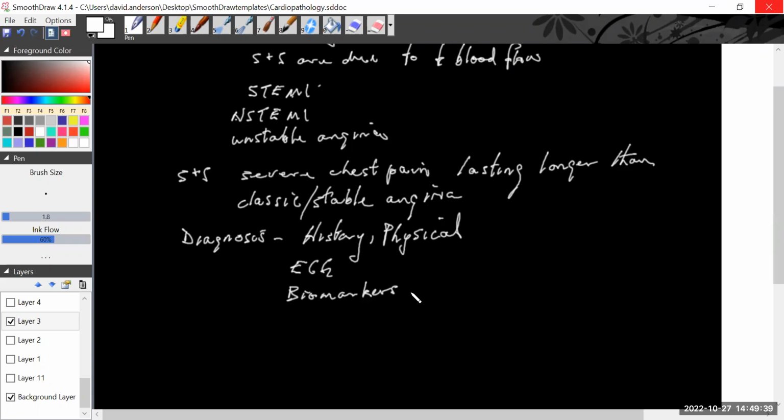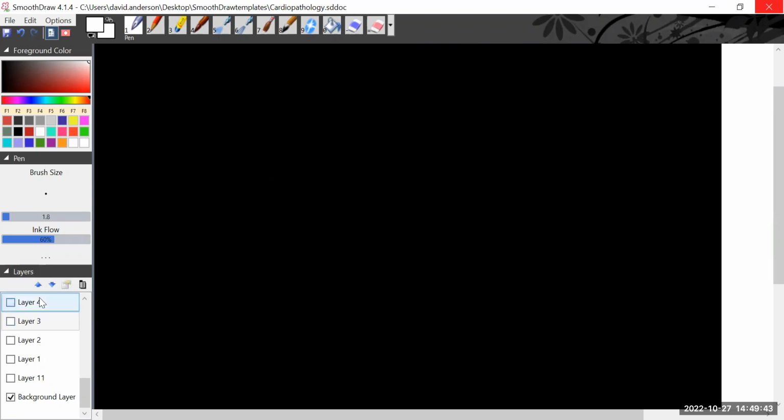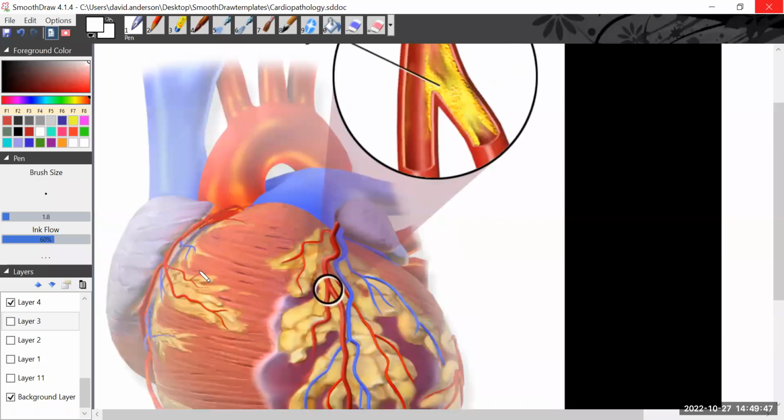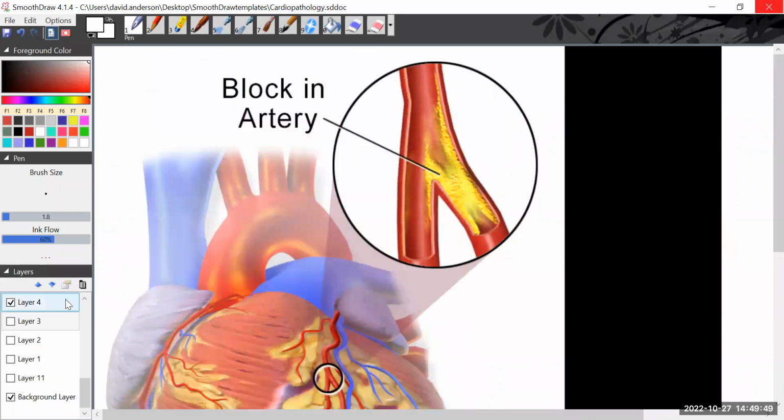So what's going to happen in this scenario? Here's our picture. In this diagram, what we're seeing is the development of atherosclerosis. We could argue that that's our yellow streak or our fatty streak that shows up, but we can see that in the center of this lumen it's being blocked.